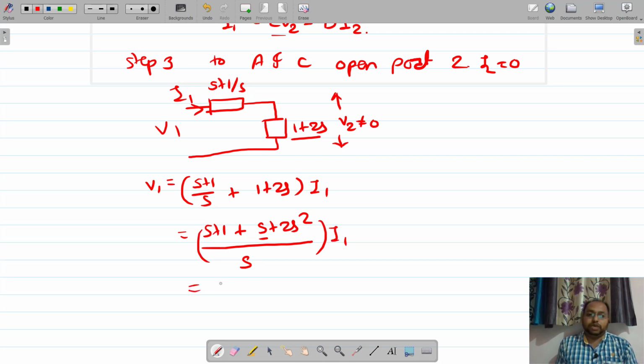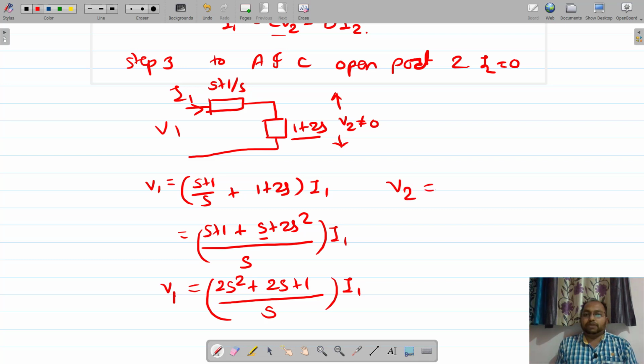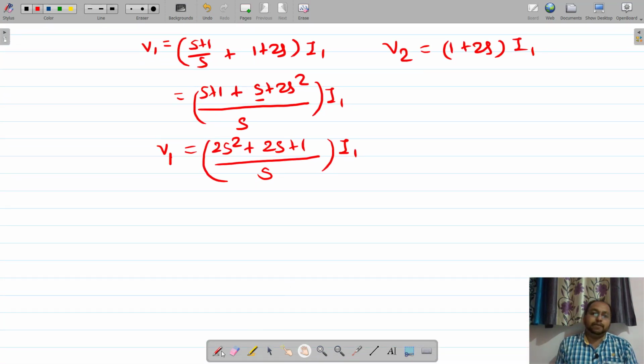So twice s square plus twice s plus 1 divided by s is nothing but my V1, right? What about V2? Let us find V2 then. V2 is nothing but the drop across 1 plus 2s, because of I1. Now let us take this ratio V1 to V2, and that is my A. Am I right?